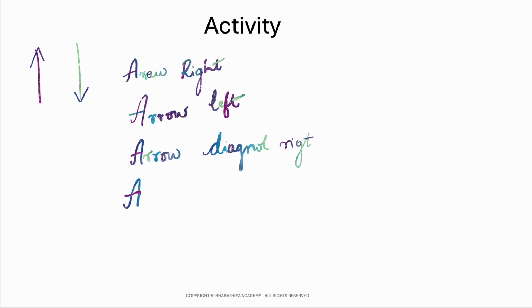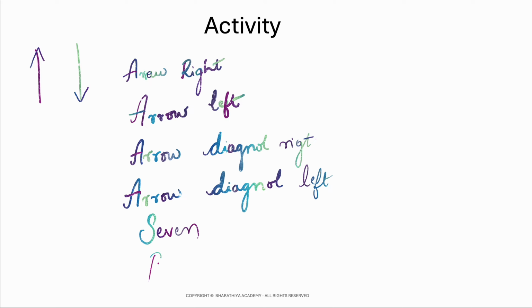And then I want you to draw an arrow diagonal towards the left. And then I want you to write 7 and reverse 7.